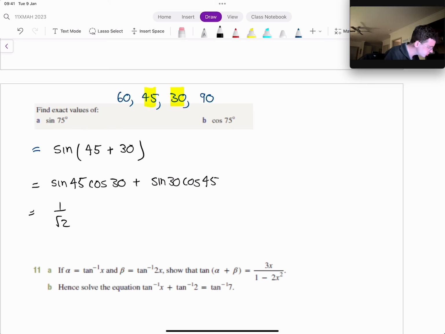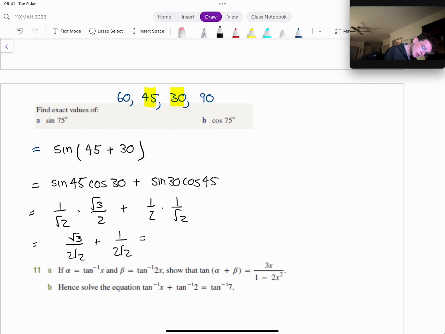Just let me double check on my calculator. Oh, it should be, cos of 30 is root 3 on 2. Yep. Plus sine of 30 is a half, and cos of 45 is 1 on root 2. So here we've got 1 on 2 root 2 plus root 3 on 2 root 2 plus 1 on 2 root 2.